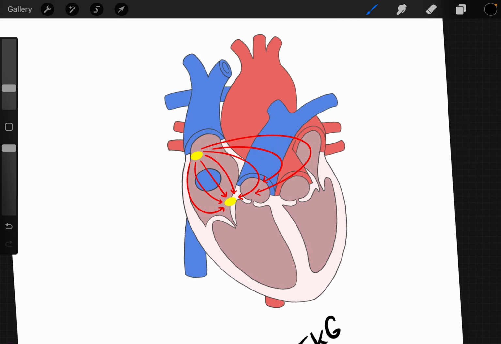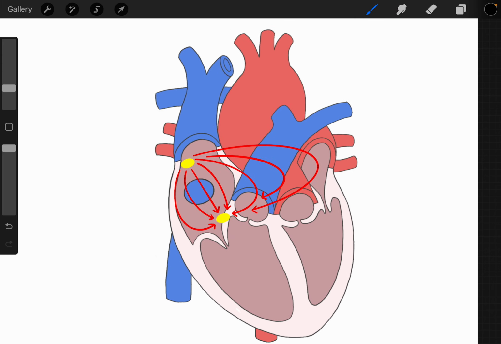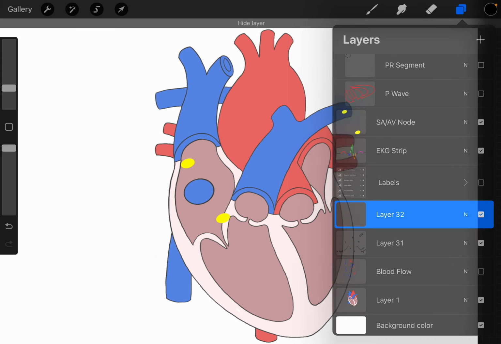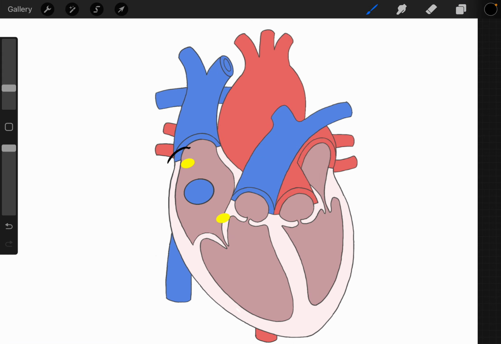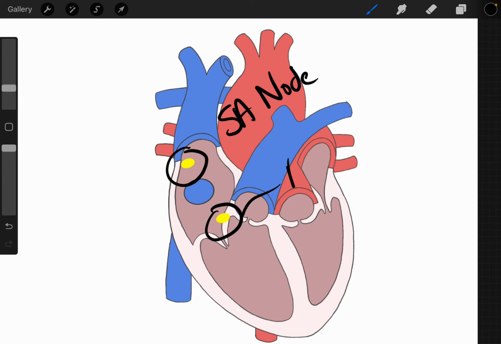So if we go up here, we have the heart with the SA node. Okay, so this is the SA node. This will be what starts the impulse of the heart. So every heartbeat that you have is started by the SA node. Then down here you've got another node called the AV node.